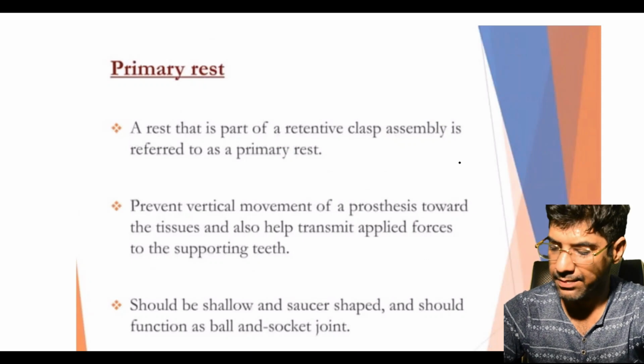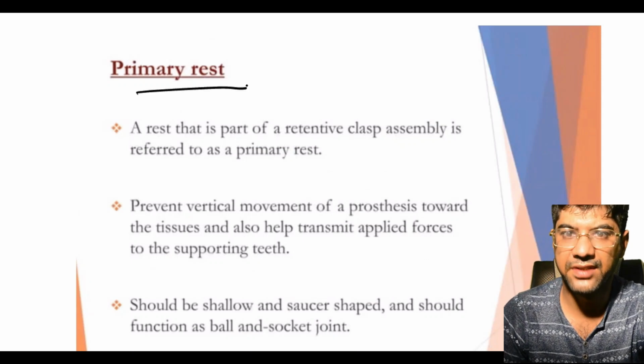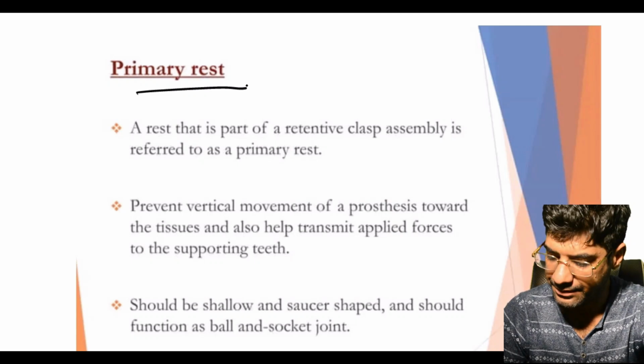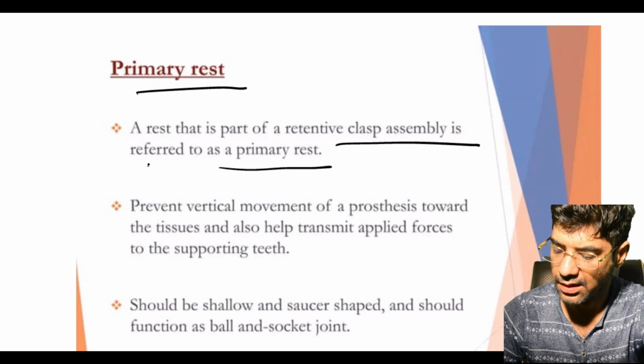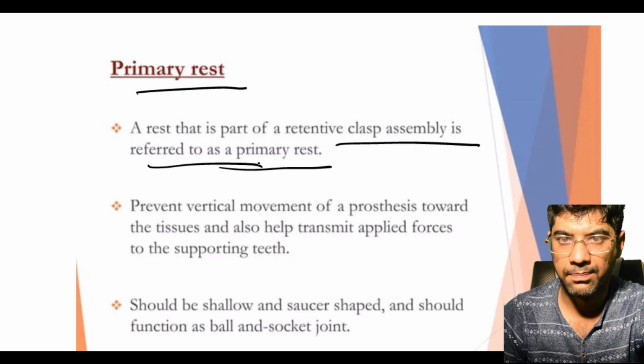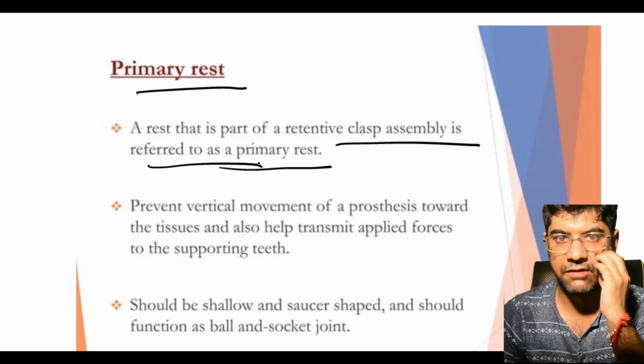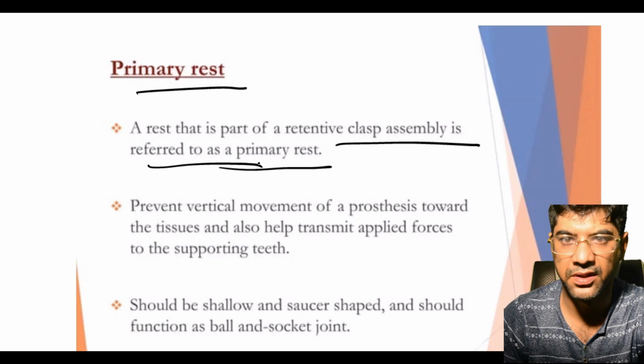Now the rest can be a primary rest. The primary rest is a type of rest integrated into the retentive clasp assembly of a removable partial denture. It is designed to provide essential support and stability to the denture. The primary rest helps to prevent the denture from moving vertically toward the soft tissue.